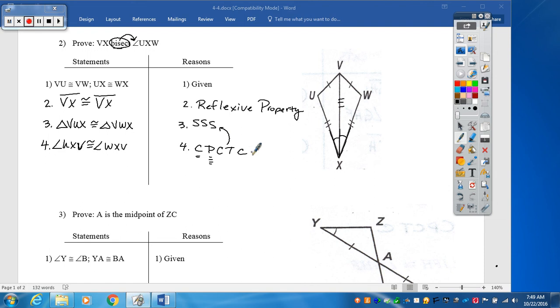Okay? Now, unlike the last proof, we were not done at this point, because the proof is actually to prove this up here. Okay? And so, because of this, if those two angles are congruent, I know that this has to be true. That VX is going to bisect angle UXW.